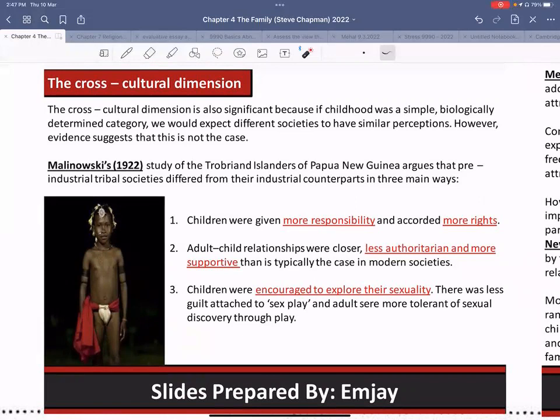ऊपर अगर आप heading देखते हैं तो हमारे पास cross cultural variation लिखा हुआ है. Let me know when you're done reading.